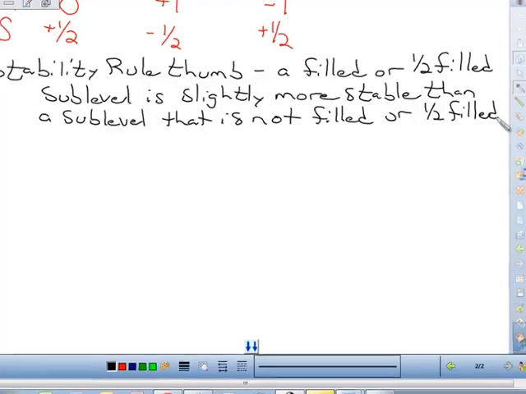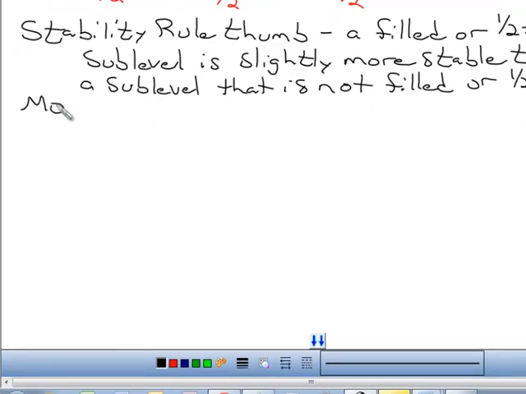You might be asking yourself, what exactly does that mean? Well, I'm going to look at molybdenum. Molybdenum has 42 electrons.